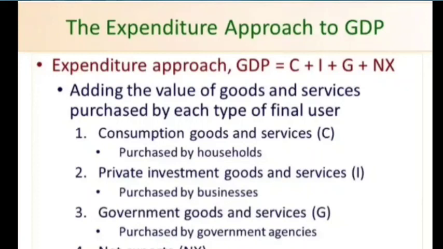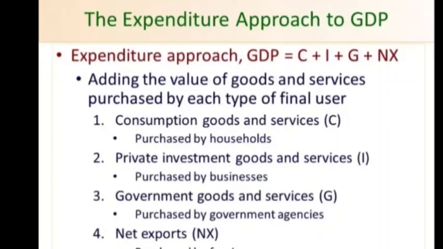And the last one, net exports, means the balance of exporting items. This is called the expenditure approach. Understand? Here, what is expenditure? Suppose you get some money and you want to buy some goods.